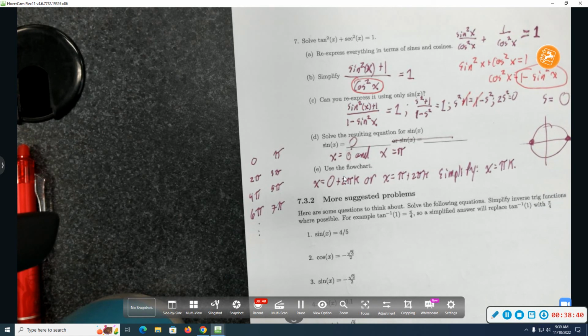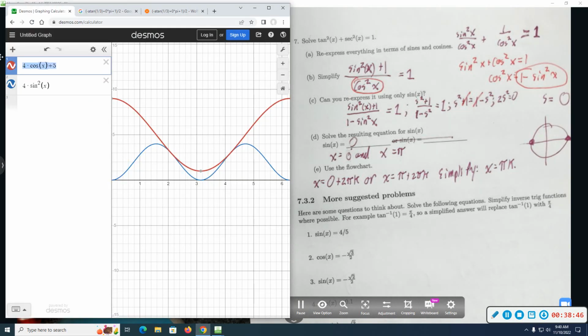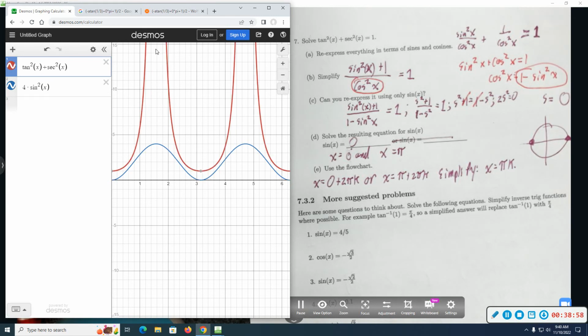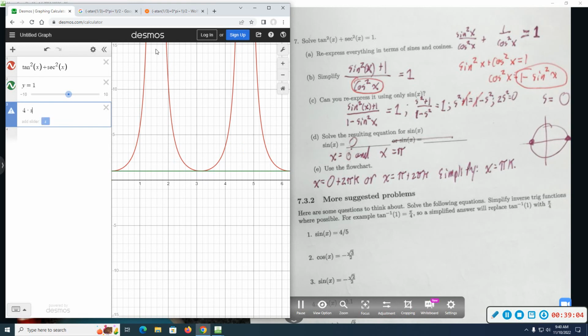So let's see. I want tangent squared of x plus secant squared of x is equal to 1. So y equals 1. And I don't care about this anymore.